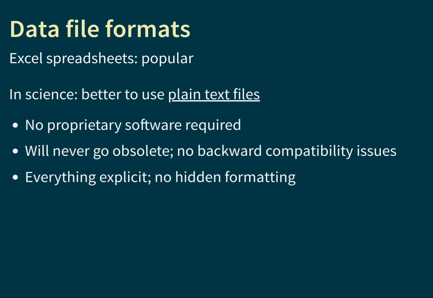Now, the final advantage of using plain text files is that in a plain text file, everything is explicitly written in. When we use Excel sheets, then there is a lot of hidden formatting, or irrelevant formatting rather, that we can use. For example, give different colors or different font sizes and shapes and weights to the different cells that we're using.